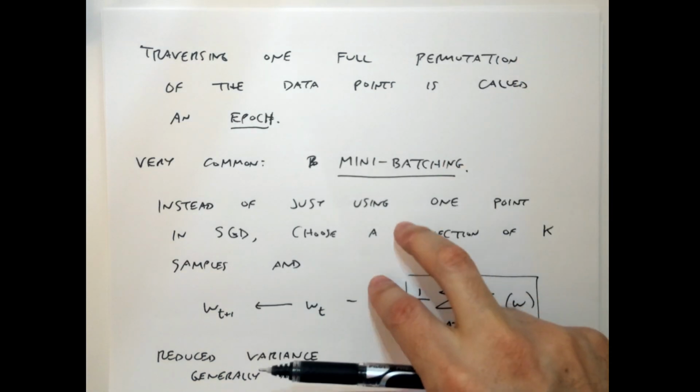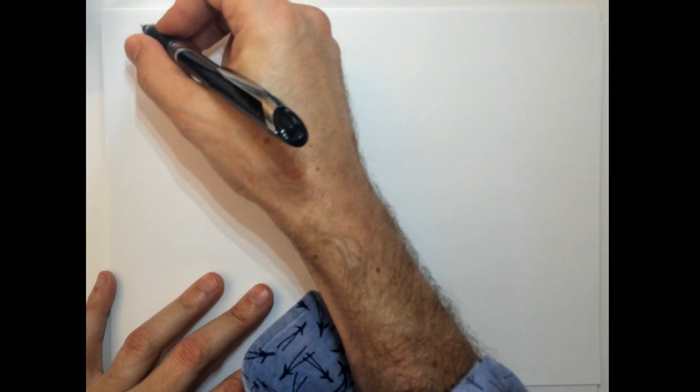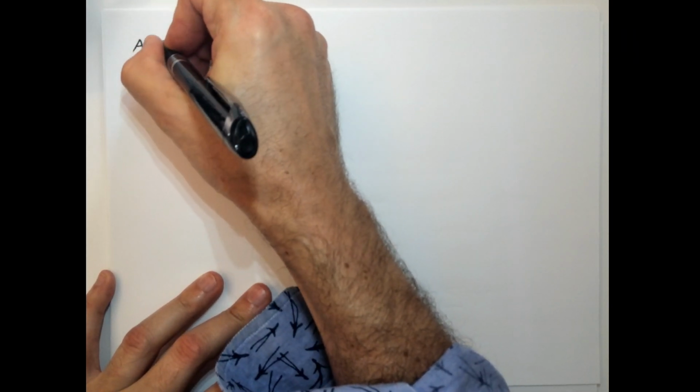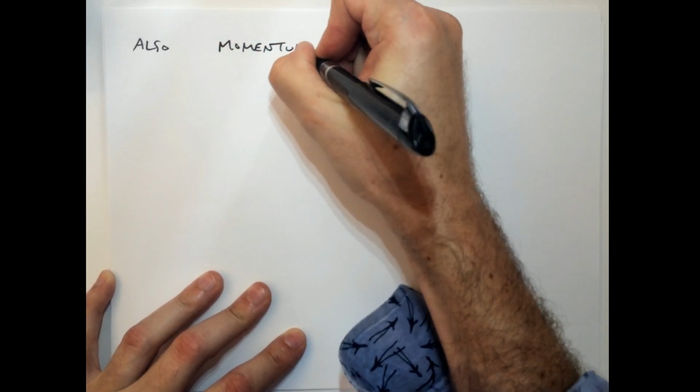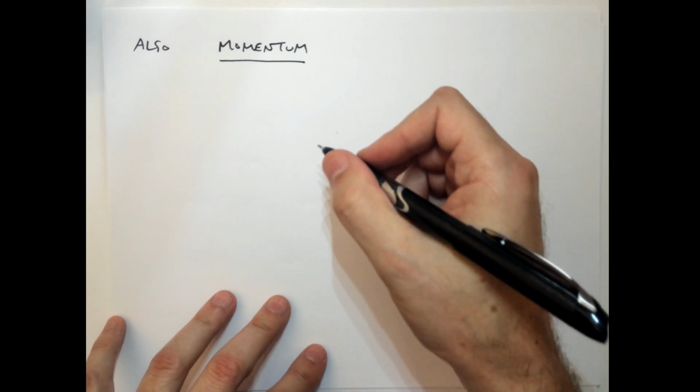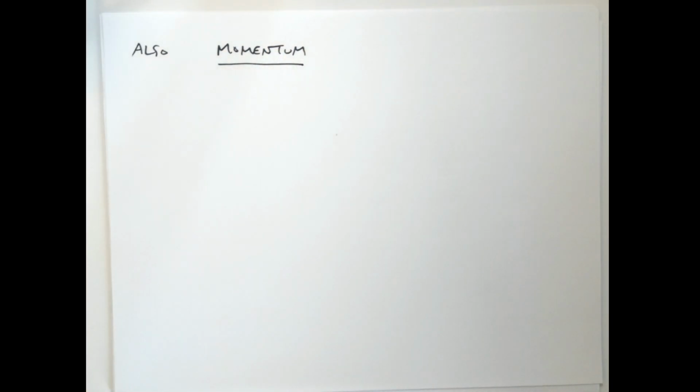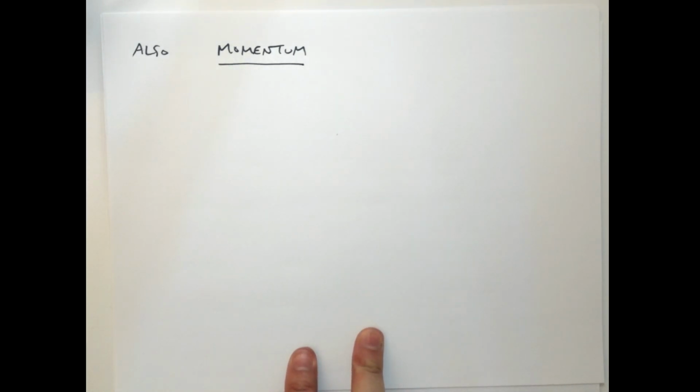Another thing that you'll see in optimization code is something called momentum, right? So momentum is basically saying that instead of taking the gradient at my given point and using that, I take the gradient where I am right now and some sort of weighted combination of the previous gradients I chose, right?